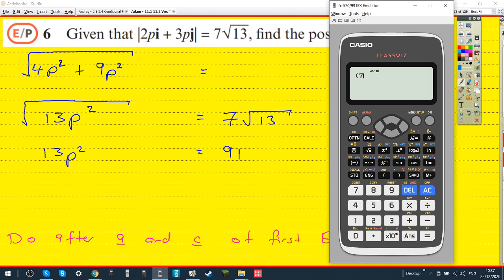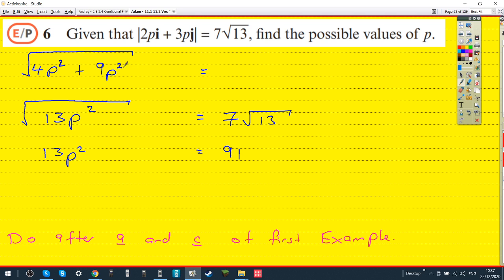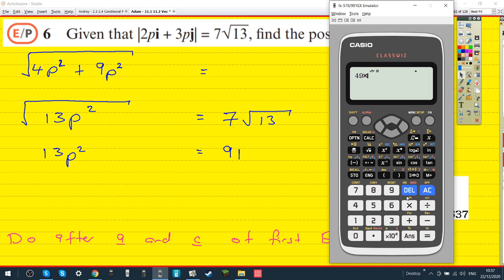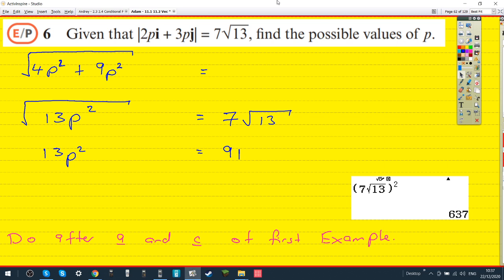You must literally put 7 root 13, the whole thing, in one big bracket. 637. There you go. So the bit on the left was that squared. The bit on the right is like 7 squared times root 13 squared. So it's like 49 times 13. Let me check. 49 times 13. Yeah. Okay. Solve.